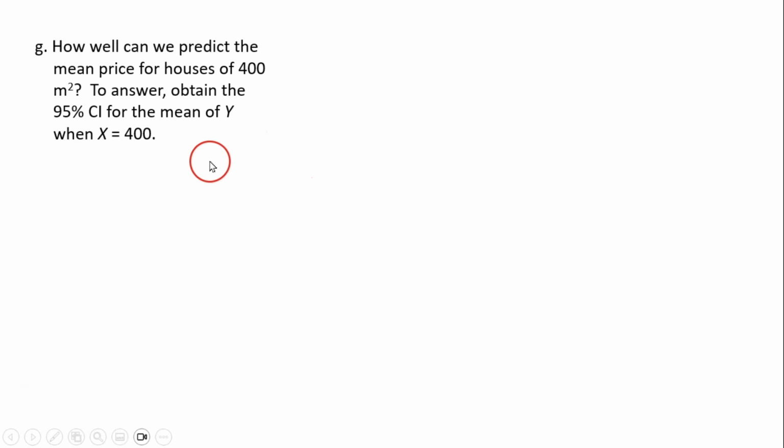Letter G asks, how well can we predict the mean price for houses of 400 meters squared? To answer this, you need to obtain the 95% confidence interval for that predicted value, and the ESCI will give us that too. When you plug an x value into the equation, you get a y value.